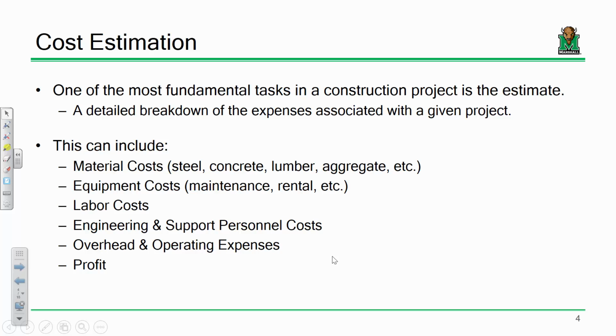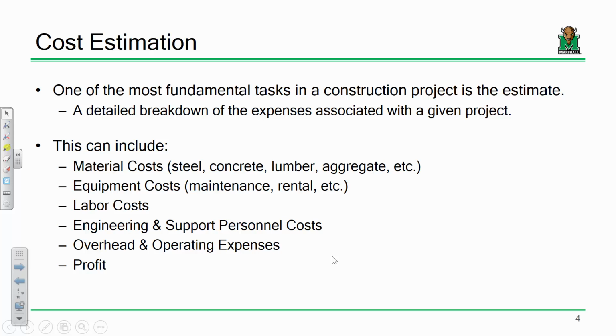A big aspect of a construction project is obviously labor. How many labor resources do you need? How many labor hours? We don't use the term man hours anymore, we use labor hours. How many labor hours go into a given project? Engineering costs too. It's not just the construction workers, it's also us putting in the work to design the project.